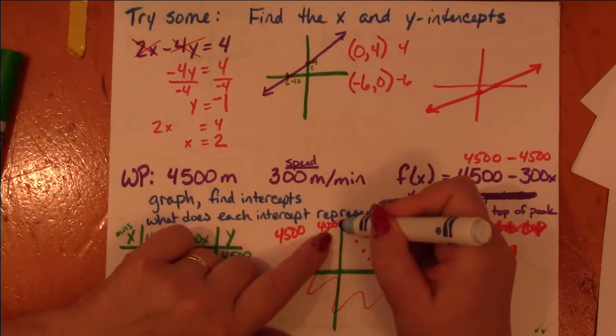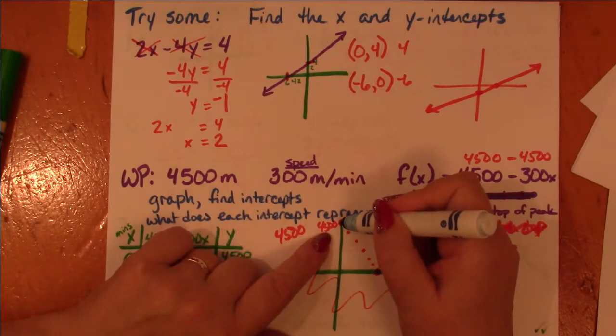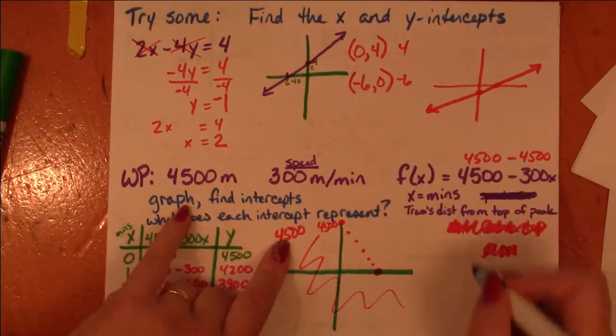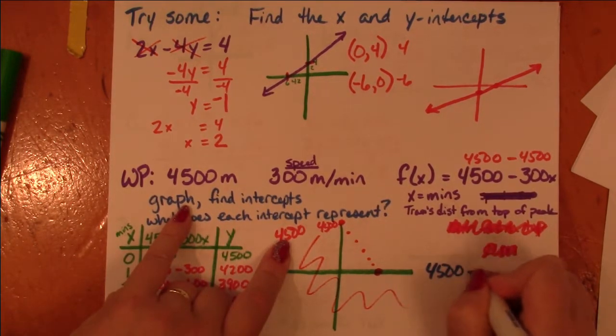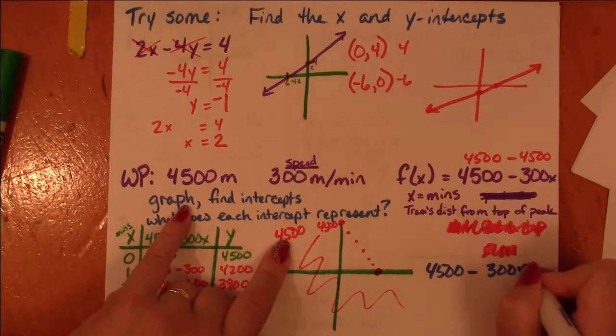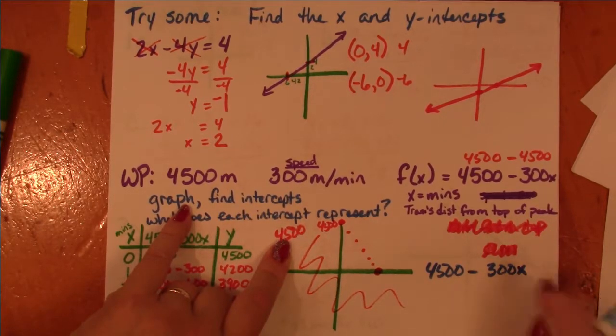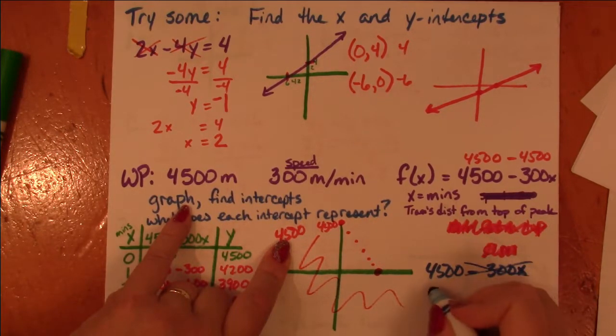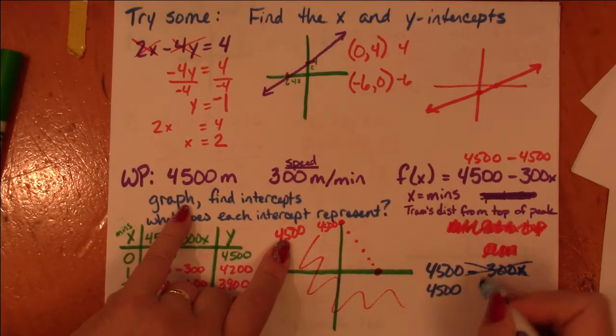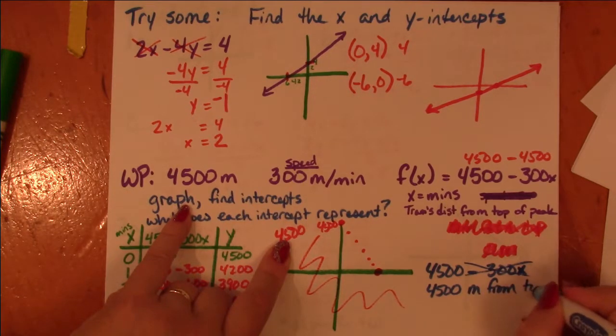Well, right here I've got my y-intercept at 4,500. 4,500 means that 4,500 minus 300x, x is 0 because this doesn't exist, which means I am still 4,500 meters from the top, which means I haven't gone anywhere.